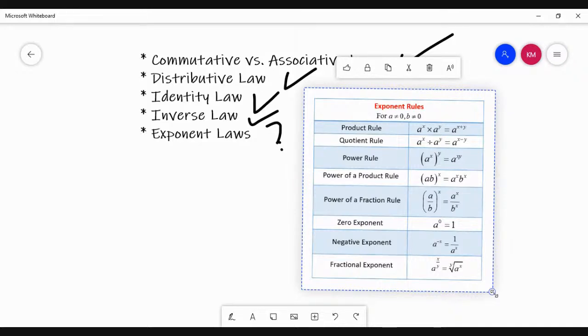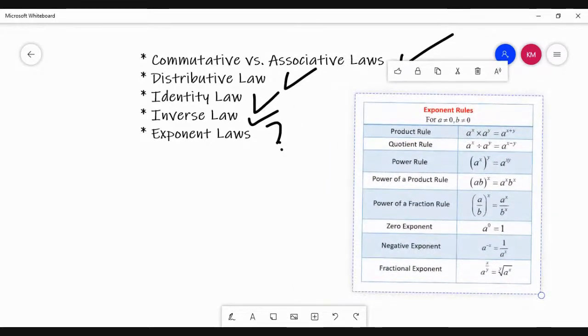You will need to understand and learn these laws because they come in handy not only for basic math, but definitely in pre-algebra, algebra 1, algebra 2, pre-calculus, and also in calculus. So now, what are the exponent rules?